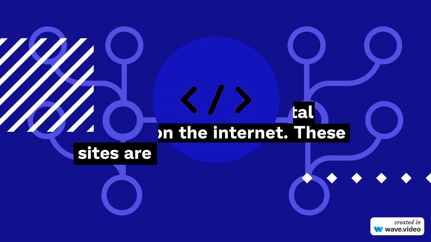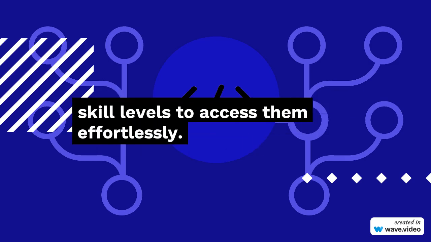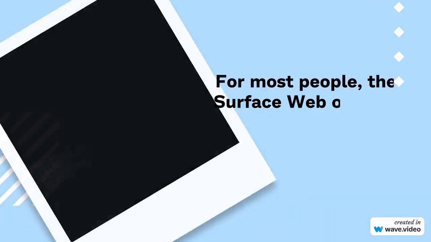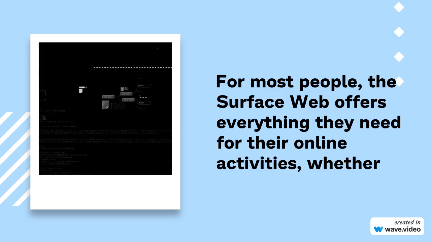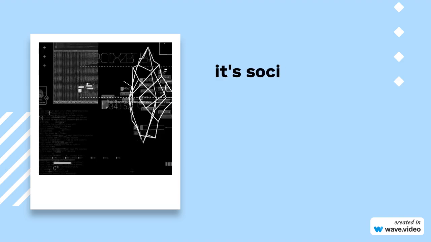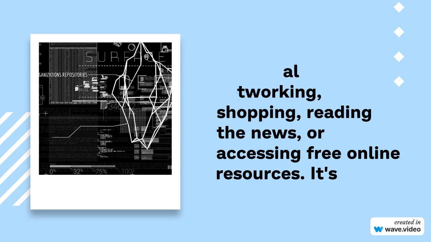These sites are easily searchable and designed for convenience, enabling users of all skill levels to access them effortlessly. For most people, the surface web offers everything they need for their online activities, whether social networking, shopping, reading the news, or accessing free online resources.